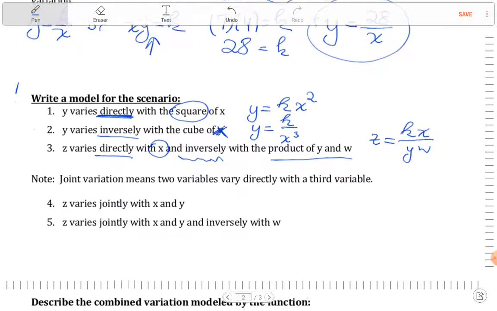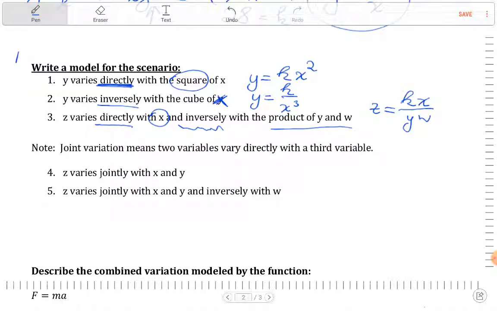Sometimes when I talk about two variables that are both directly in a variation with a third variable, I can use the word joint. So in this case, on number 4, when I say z varies jointly with x and y, what I'm actually saying is that z is direct variation with x, and it also is a direct variation with y.